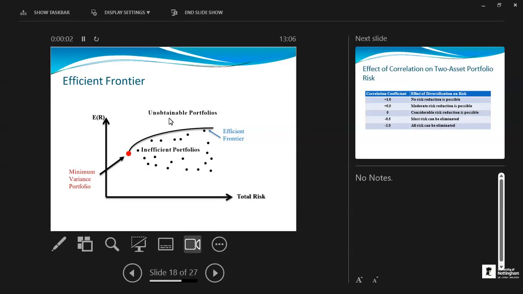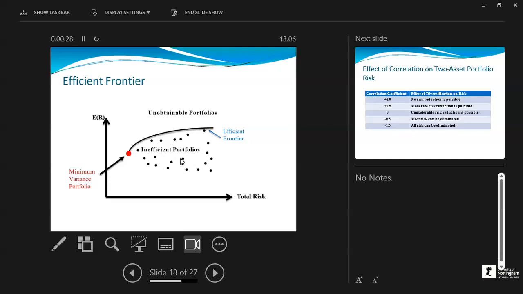Okay, so what is your objective? What do you need to do, right? The objective of creating portfolios is to reduce the risk, right? So just take any 2 points, right? On the vertical axis, we have expected return of the portfolio, and on the horizontal axis, we have the risk of the portfolio, right? So let's say we take this point.